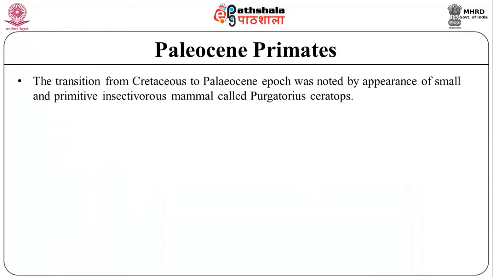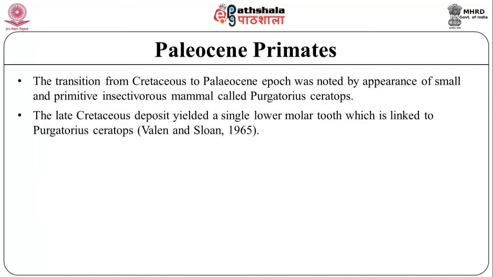The transition from Cretaceous to Paleocene epoch was noted by the appearance of small and primitive insectivorous mammals called Purgatorius ceratops. The late Cretaceous deposit yielded a single lower molar tooth, which is linked to Purgatorius ceratops, that is, according to Watson and Sloan in 1965.